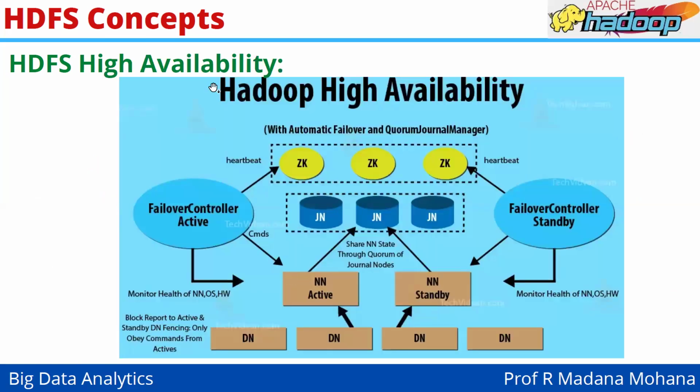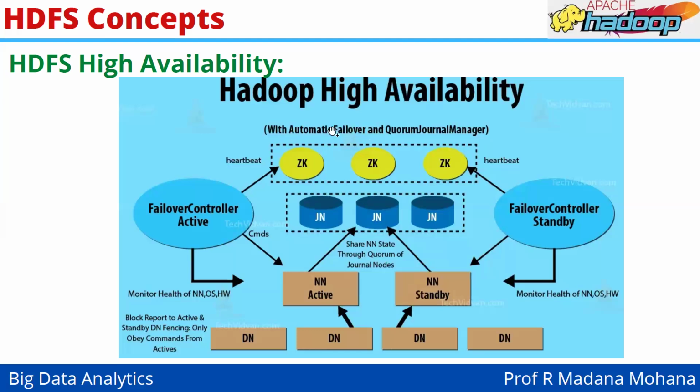Then HDFS high availability. This is an important one among the HDFS concepts. This diagram shows the basic components of HDFS high availability. Here we have the failover controller active and the failover controller standby, communicating through heartbeat with automatic failover and the quorum journal manager.